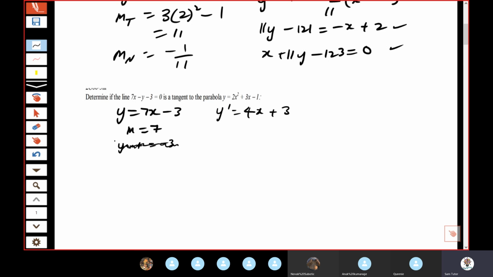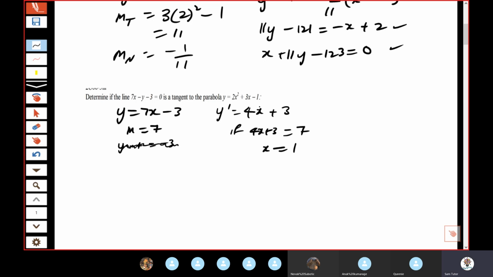If this must equal to this, what must x equal to? 1. Yep. x would have to equal 1. If x equals 1, the y value needs to be the same in both.